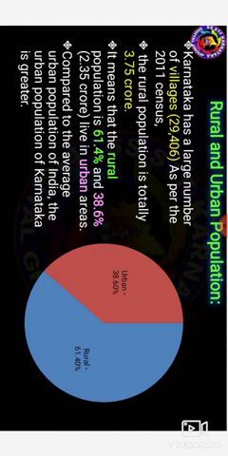It means the rural population is 61.4 percent, and 38.60 percent lives in urban areas. So compared to the average urban population of India, the urban population of Karnataka is greater.